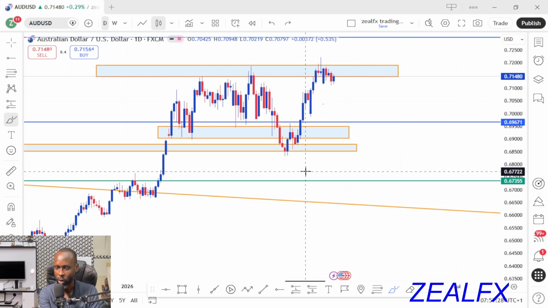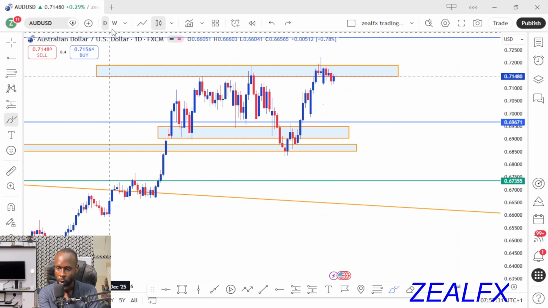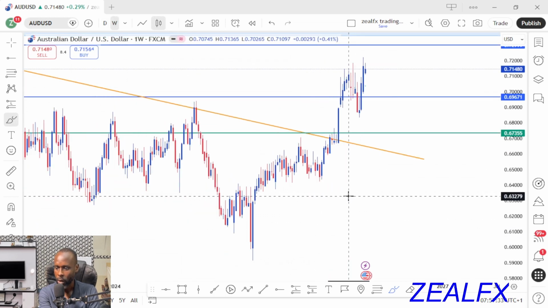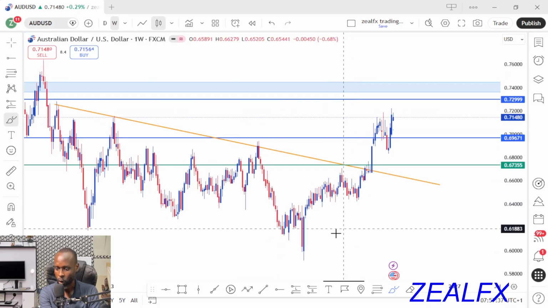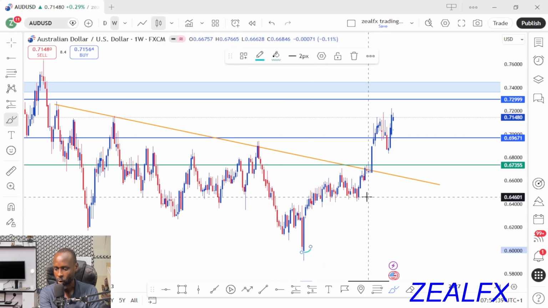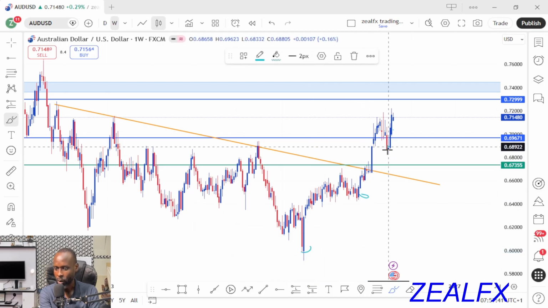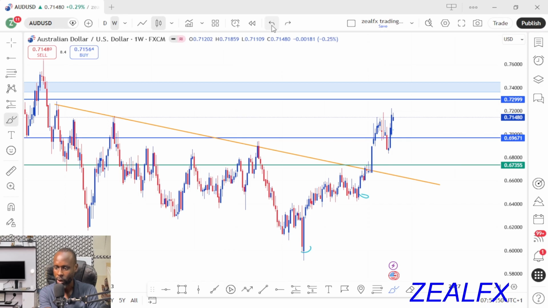So let's confirm the Australia trend from the weekly time frame. On my weekly time frame, we can clearly see that Australia USD has strong bullish momentum, which is we have this lower low and a series of higher lows. But price on the Australia USD closed on a resistance level, which indicates price reversal.